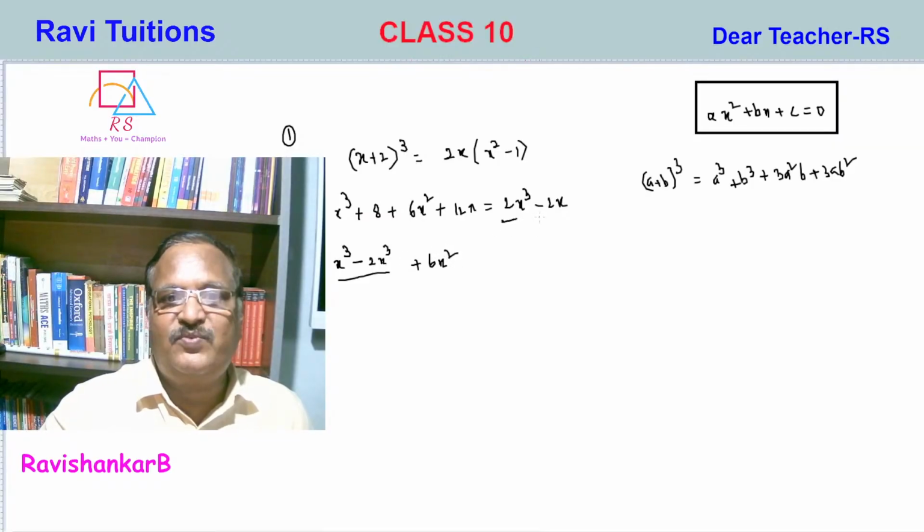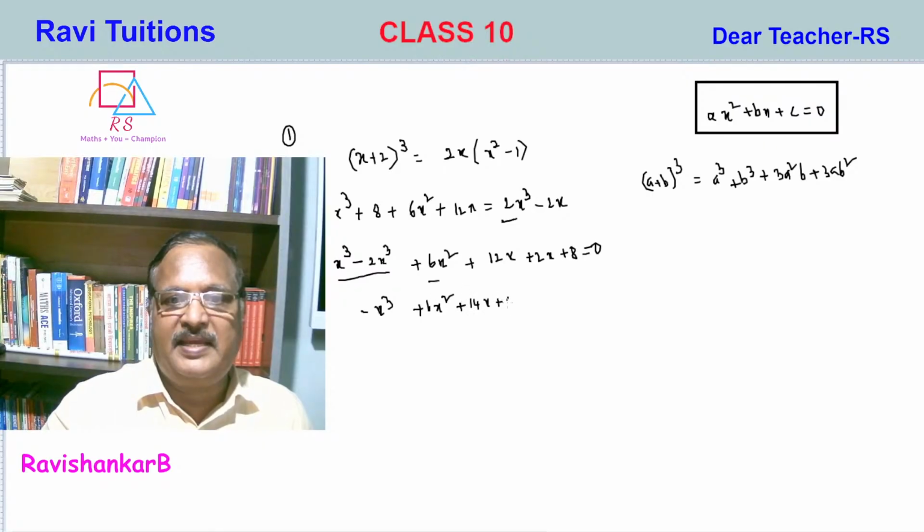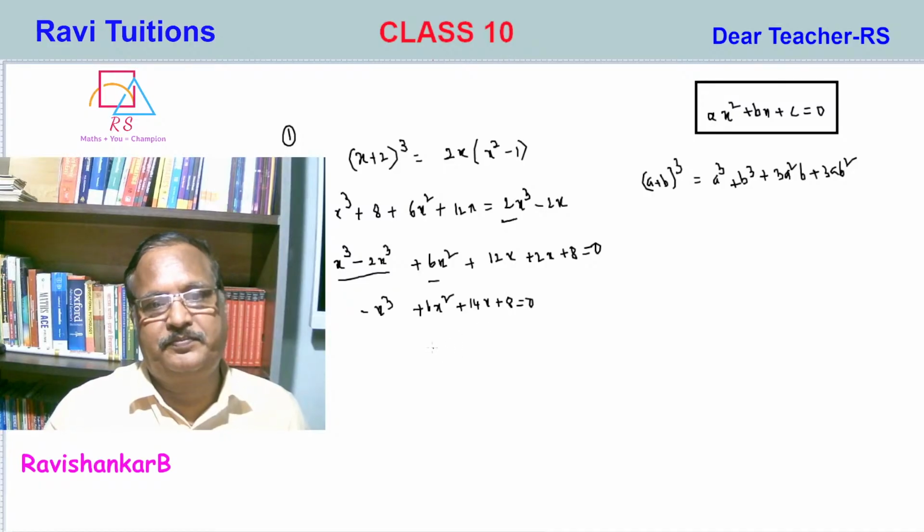There is no x square term on the right hand side, only one 6x square. Now 12x plus 2x plus 8 is equal to 0. So this is minus x cube plus 6x square plus 14x plus 8 is equal to 0.